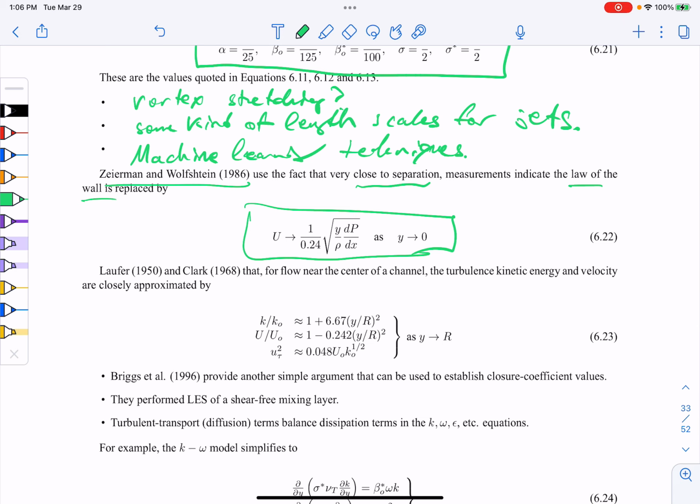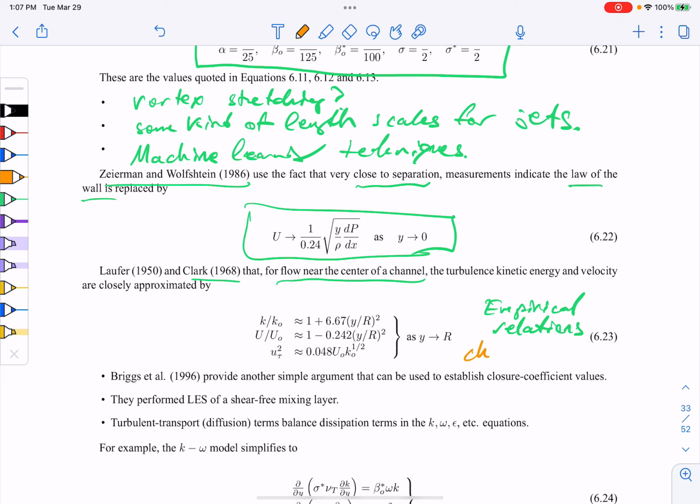Here's another type of model, Clark. They looked at flows near the center of a channel, and here's empirical relations. So one could use simple empirical relations from measurement. So this is how k, velocity and friction velocity vary with the middle of a channel.